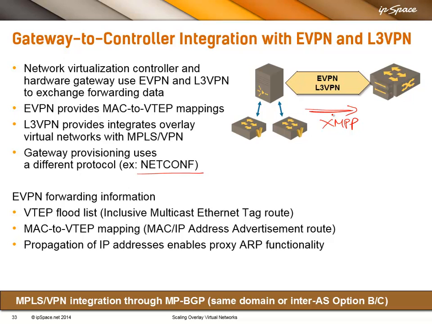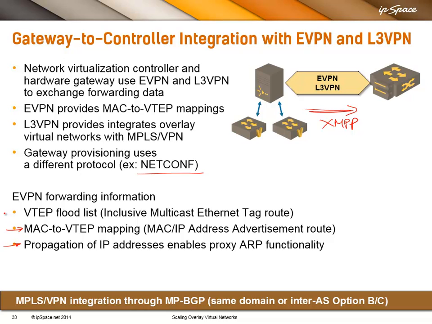Also, even though EVPN is a standard, it contains at least 3 different address subfamilies. One is the MAC-to-VTEP mapping, so the mapping between MAC addresses and hypervisor or gateway IP addresses. Then it can contain the IP addresses, so you can use that for either IP routing or proxy ARP.